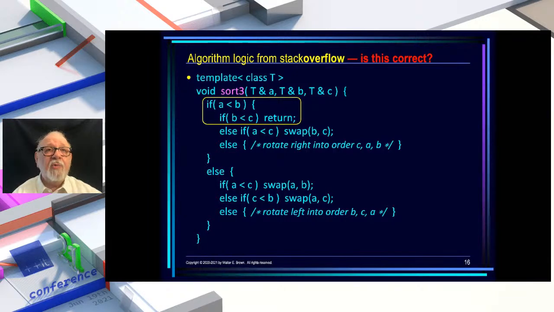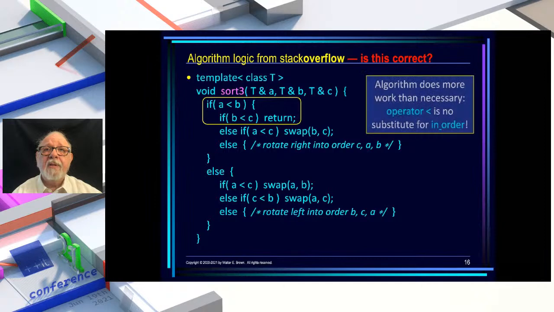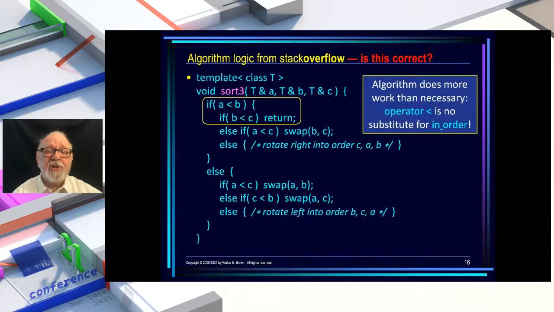But in my opinion, you only need to look right here. If A is less than B, then if B is less than C, we can return because clearly they're in order. That's true. That's not wrong per se, but I claim this algorithm does much more work than necessary because operator less than is not a substitute for a predicate based on in order, which is what this is trying to do.